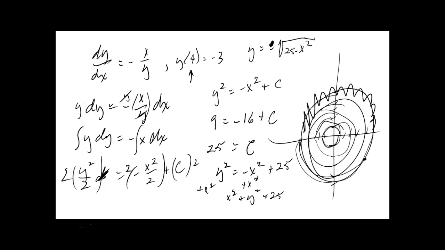Okay, but after variables have been separated, the left-hand side is undefined at r, and as a consequence, y equal to r does not show up as part of the family of solutions obtained. Recall such a solution is called a singular solution.